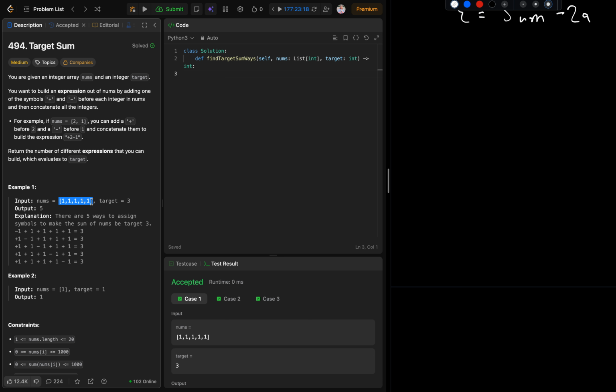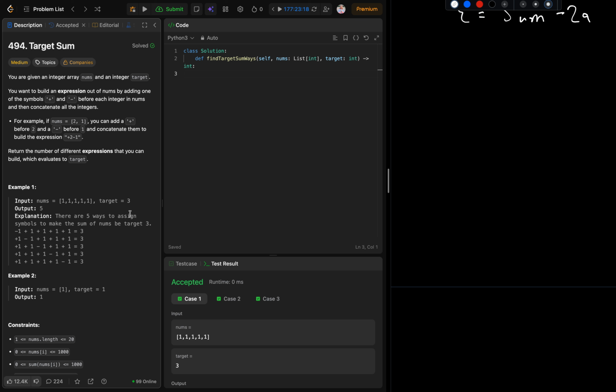If we're at this index, what happens if we subtract our current sum? We'll keep track of the index that we're at and our current sum. What happens when we subtract this, and we just keep going, and we go here and then here. So yeah, it's pretty simple. I can show you the code afterwards.